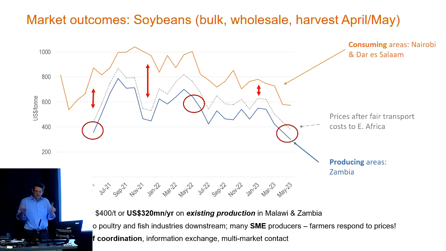These markets are broken. They're not working. This wedge here is as if you've got loads of high tariffs in here, in between. Okay, and it's driving a distance which is similar to the distance within Europe, or within America, from the American Midwest to the big cities, or within Brazil, from Mato Grosso to Sao Paulo and Rio. That's the kind of distances we're talking about when we look at a map.